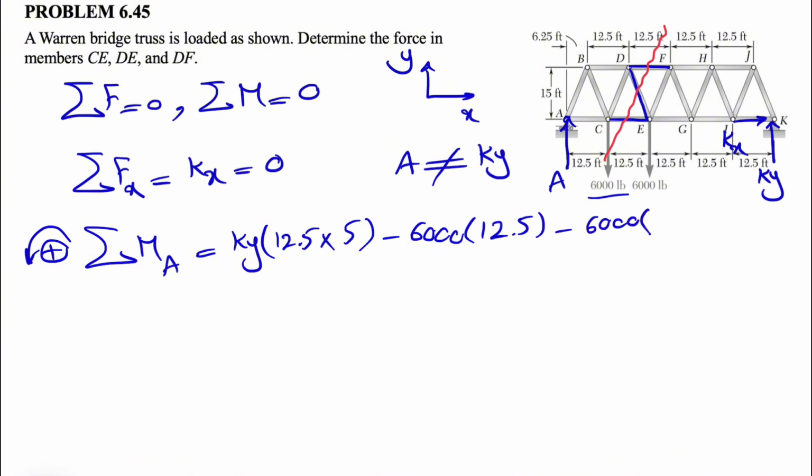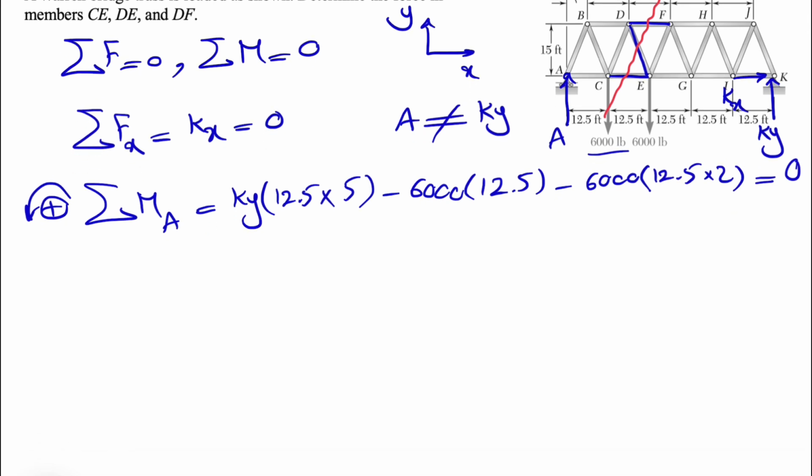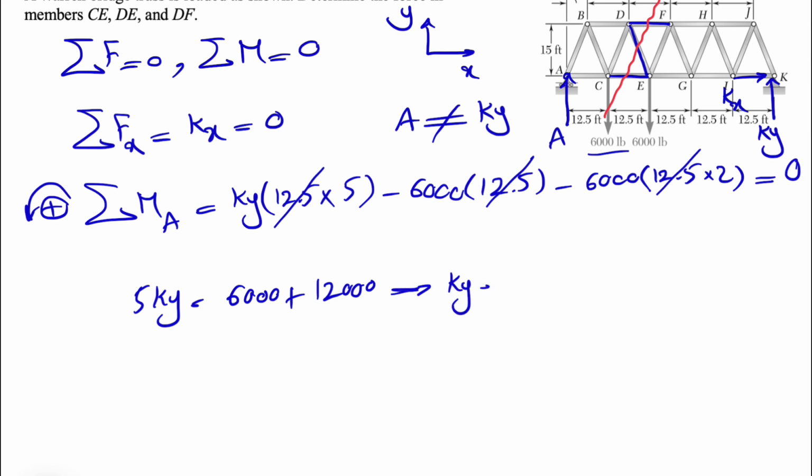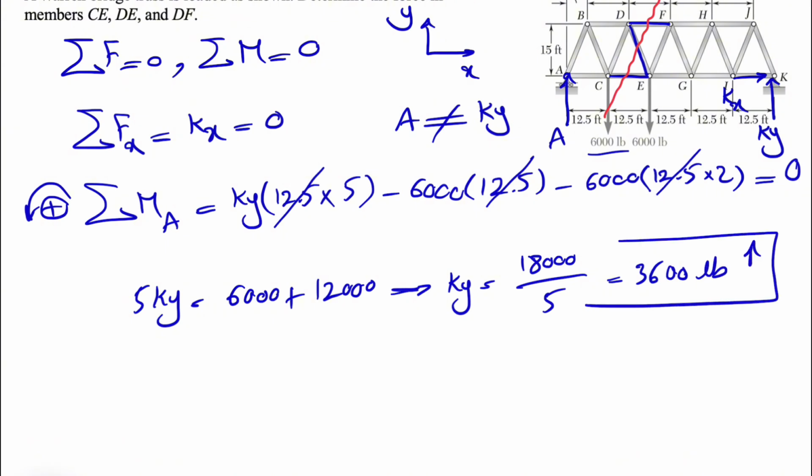The other one is 6,000, again negative sign, 12.5 times 2. This will be equal to 0, and we can figure out our Ky. We can cancel out 12.5 in each of these. So what we're going to get is 5 Ky is equal to 6,000 plus 2 times 6,000, which is 18,000. So Ky would be 18,000 divided by 5, which is 3,600 pounds, no negative sign. That shows that our Ky is in the correct direction.